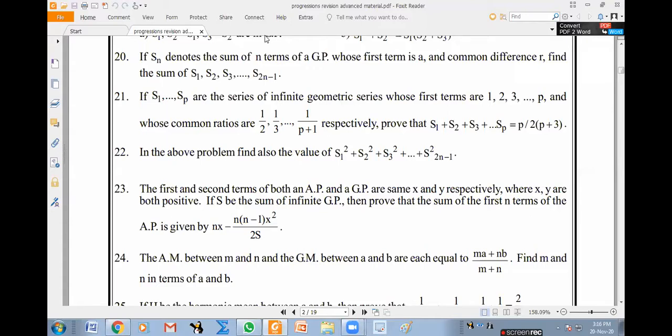So we have x, y, and some other numbers which are in AP. We have to find the sum of n terms.